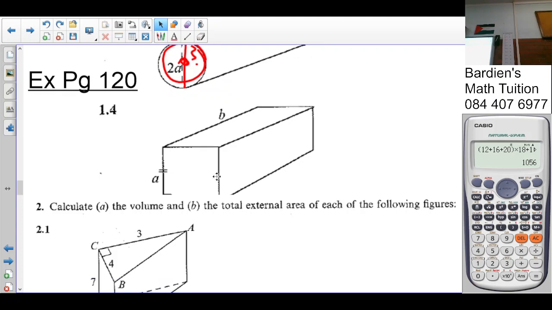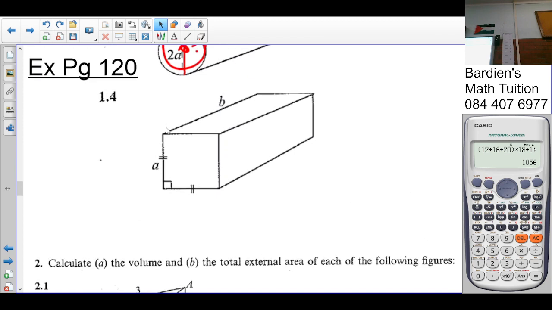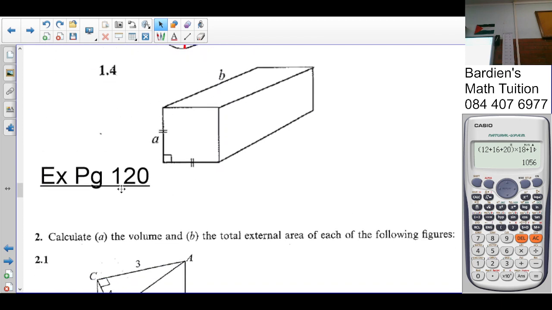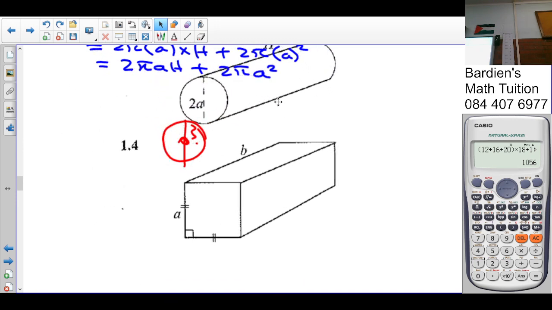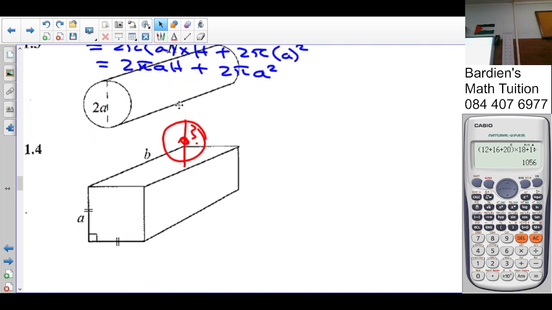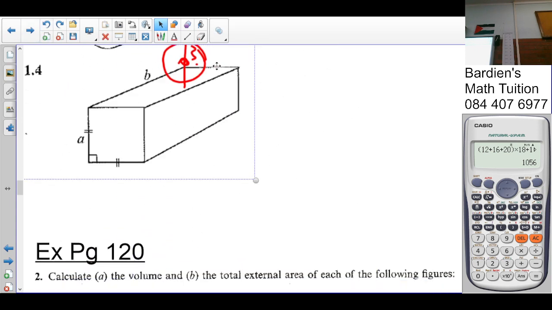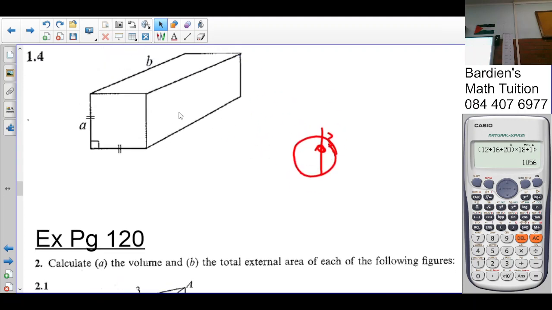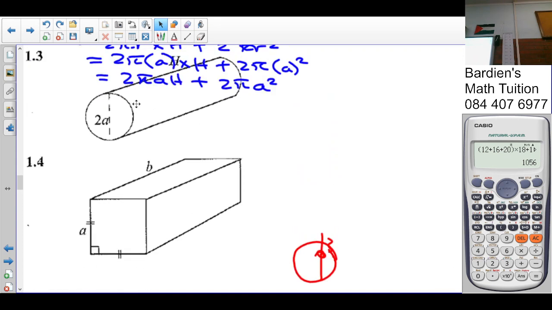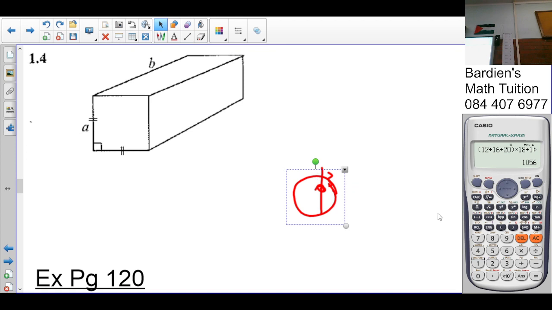The next one. One point four. Right, 1.4.